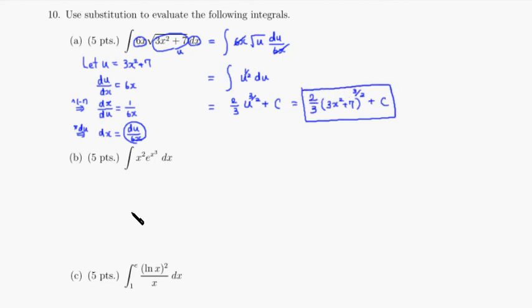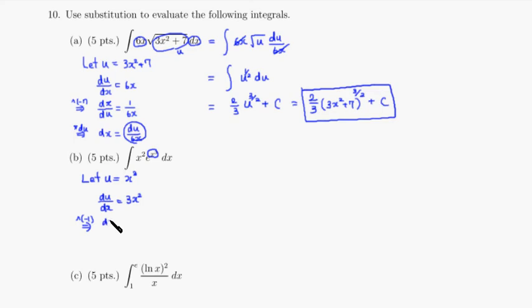Part B is very similar, and we have x cubed here. We wish that this was a single letter, a single variable. So I'm going to let u be x cubed. Take the derivative of u with respect to x as usual. It's going to be 3x squared, and take the reciprocal of both sides.